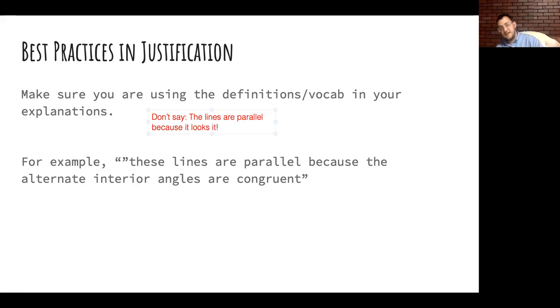Do say these lines are parallel because the alternate interior angles are congruent. So if you're making an observation about which angles are congruent and naming the angle pair, that's how you can structure a really good, high quality explanation.